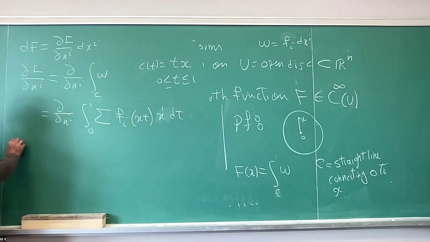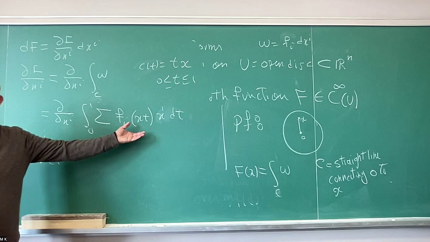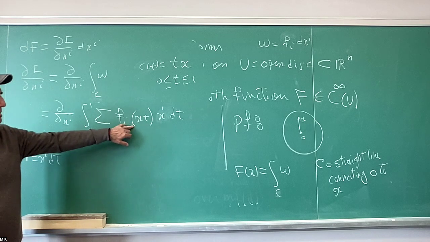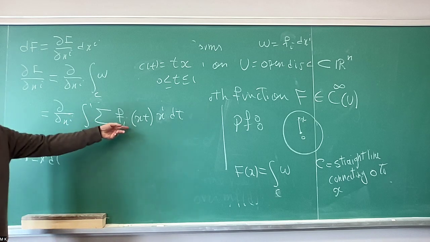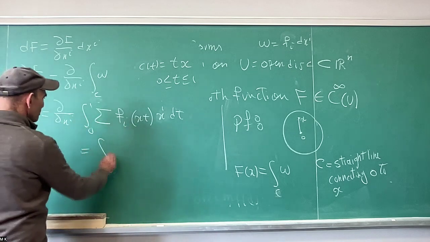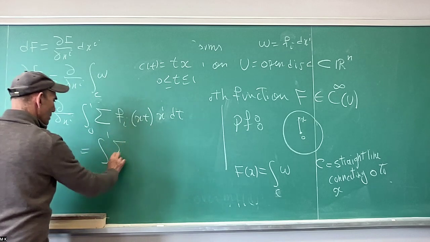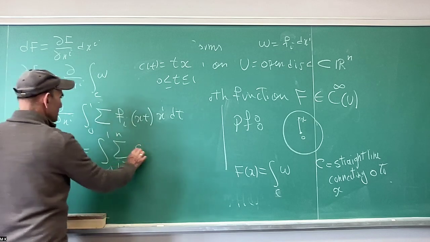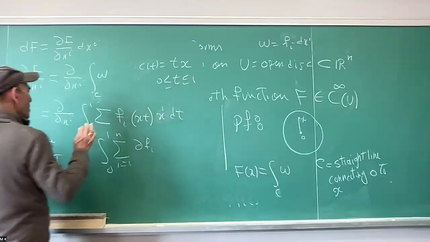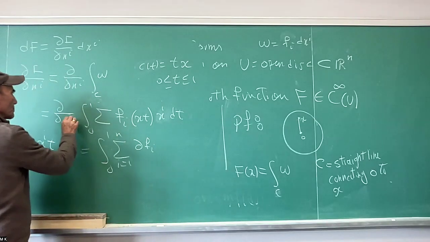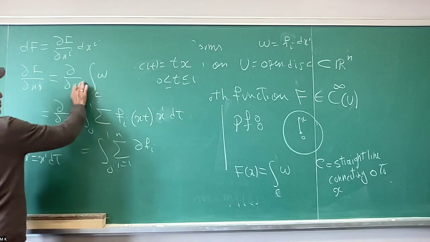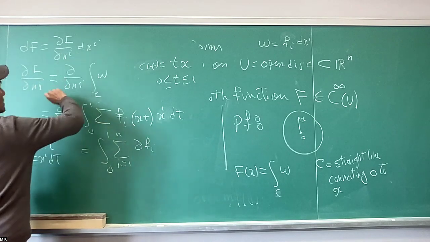Yes, because xi is just xi t and dxi is xi dt. I'm using again the fundamental theorem. You can just put the derivative inside. So this is equal to integral 0 to 1 d dxj, sum again, sorry. Okay, now I have to be careful about my summation, so I just put j here to not use the running index.